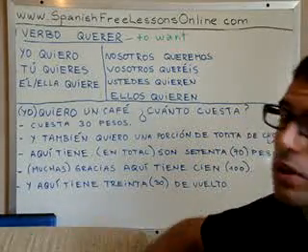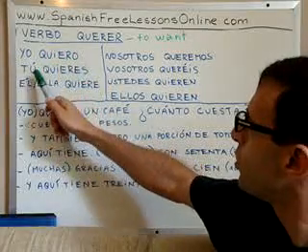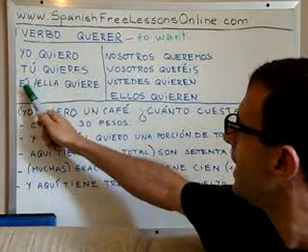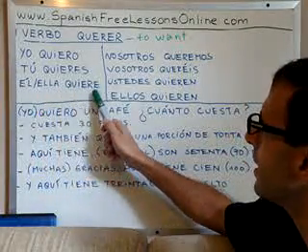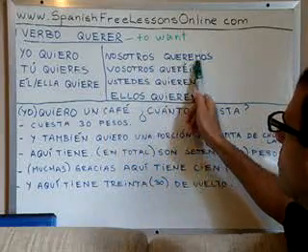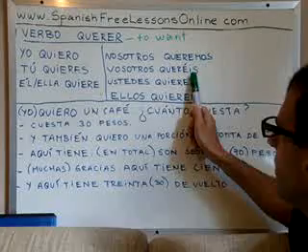So let's start conjugating. Yo quiero, tú quieres, él quiere or ella quiere, nosotros queremos, vosotros queréis.